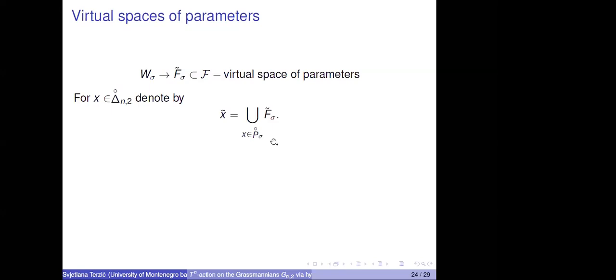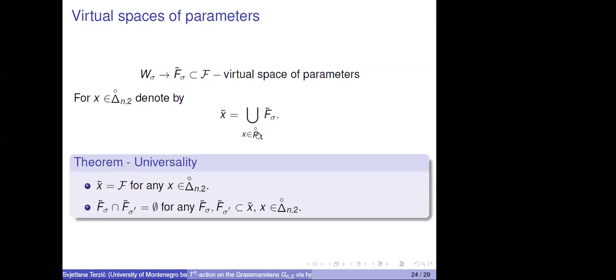And the nice result here is the universality theorem, which we prove, that somehow explains why this space is a universal space of parameters: X tilde is equal to F for any X from the interior of delta N2. And when we consider two virtual spaces of parameters that contribute to X tilde, then they are disjoint.